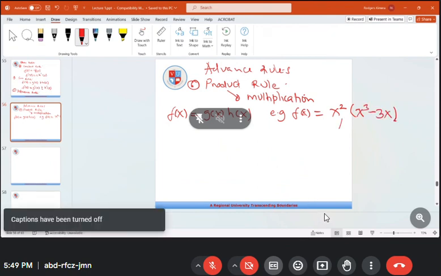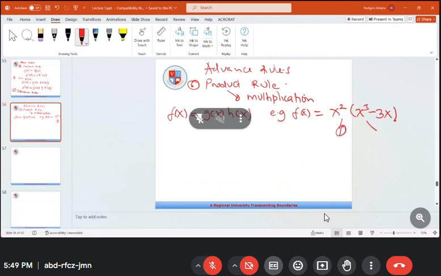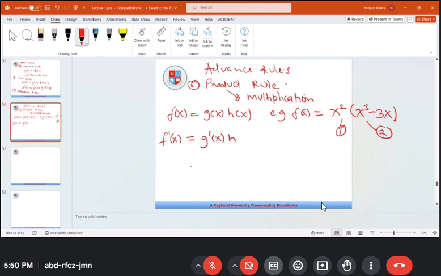This is function 1 and this is function 2. So we are multiplying two functions. We must apply the product rule, which says that we shall get f prime from the derivative of the first function times the second function plus derivative of the second function times the first function. So just observe the pattern and actually be able to apply these principles.